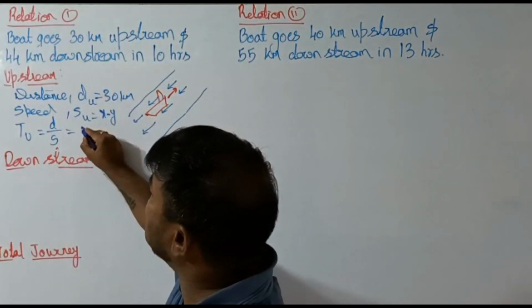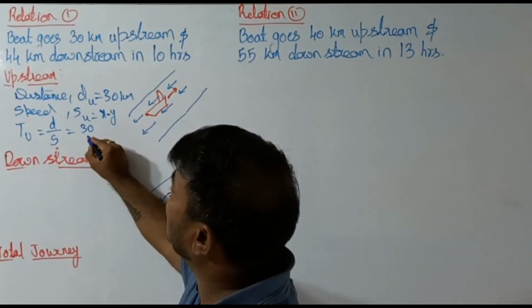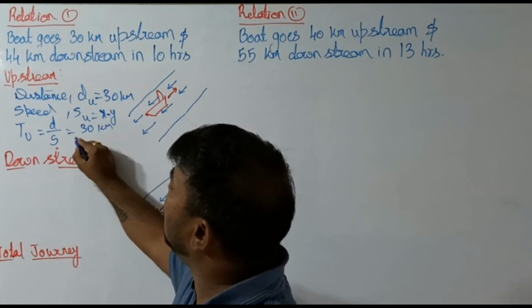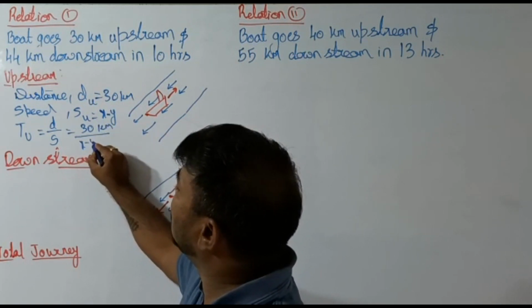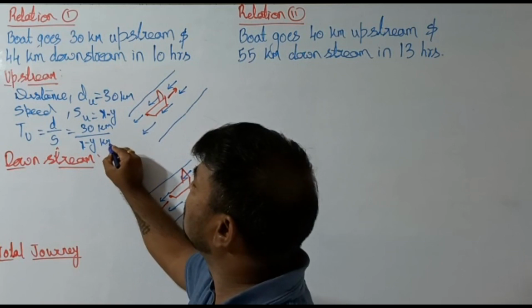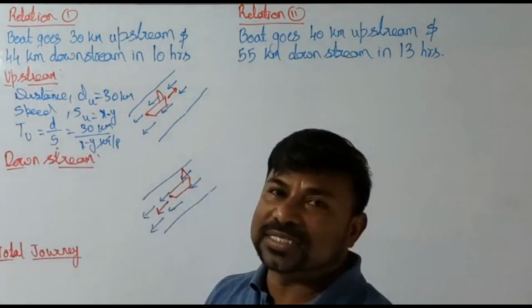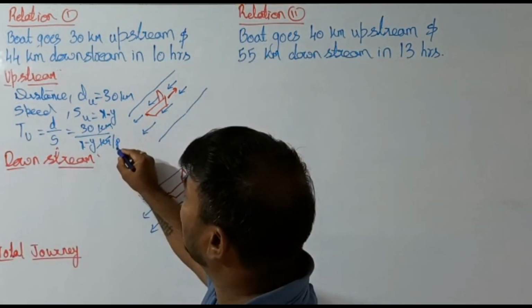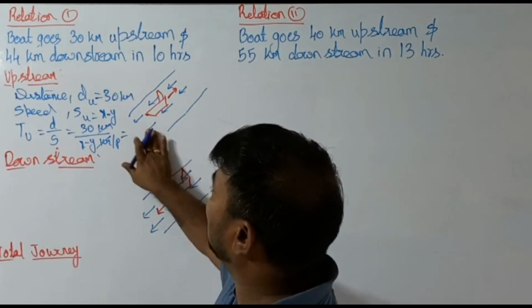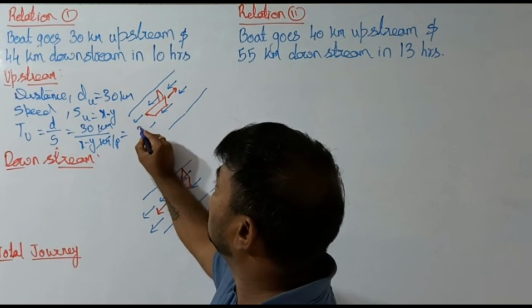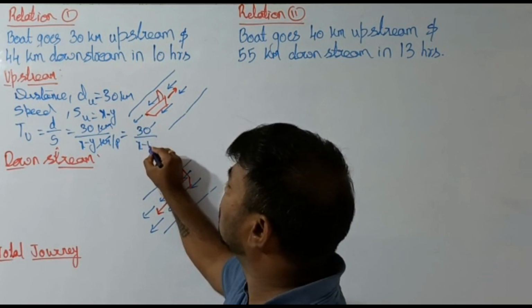So what is the distance here? 30 kilometers by x minus y kilometers per hour. Kilometers get cancelled, and the time is nothing but 30 by x minus y.